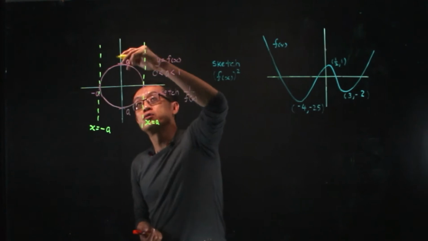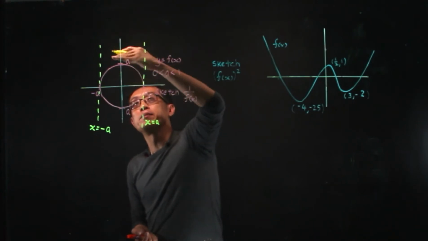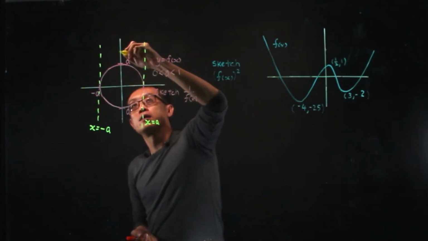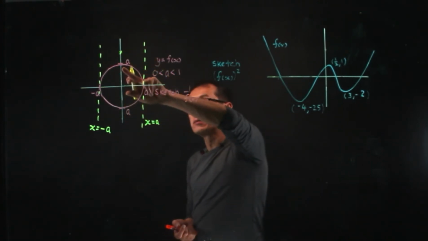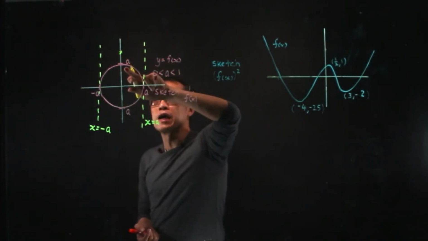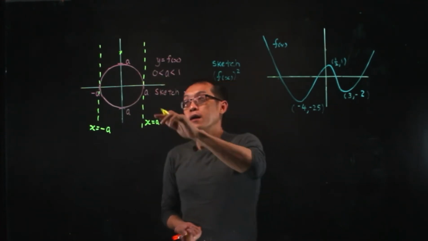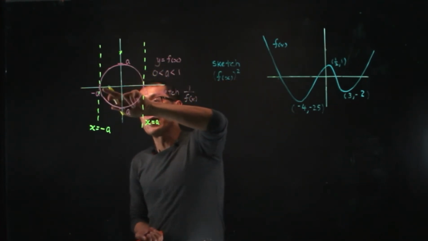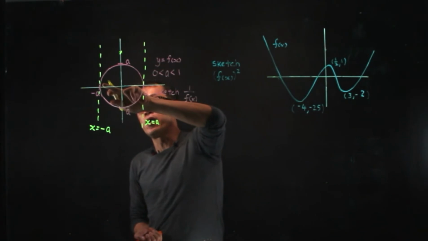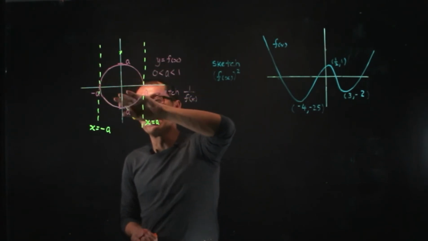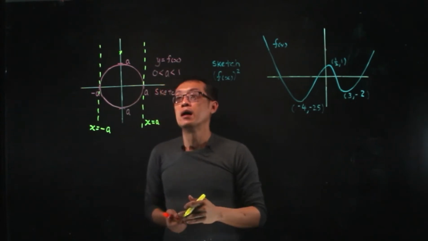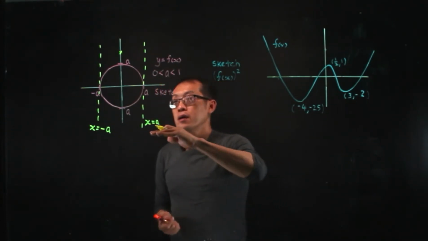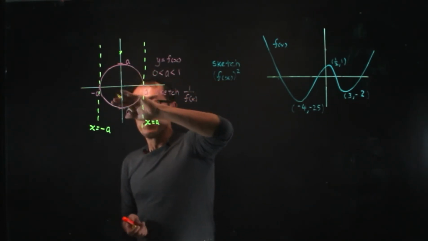If it's bigger, then the point corresponding to this maximum point will be above a. Then when it's slightly more than minus a, because you're moving to the right, 1 over that number will be positive.